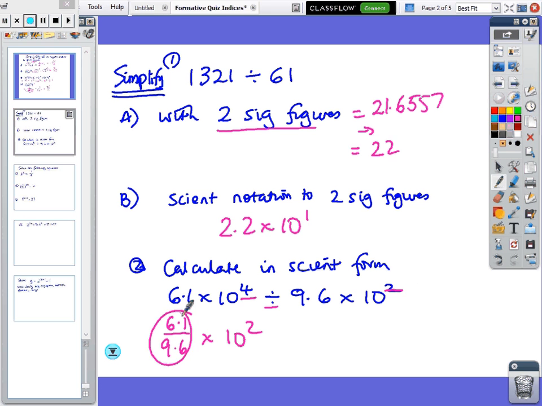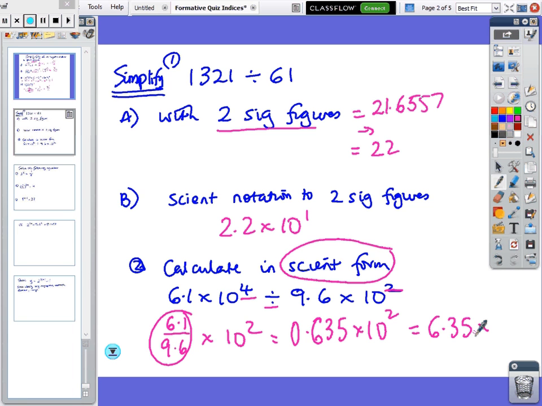And let's do that calculation. So 6.1 divided by 9.6. And it doesn't say how many decimal places, so I've got 0.635 by 10 squared. And because it's in scientific form, 6.35, and then we've moved the decimal place, so we've got to take 1 off, so by 10 to the 1.